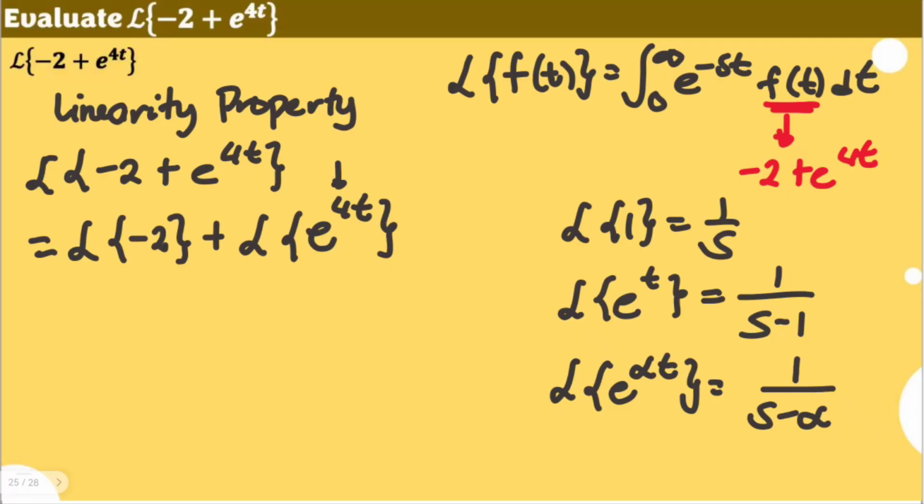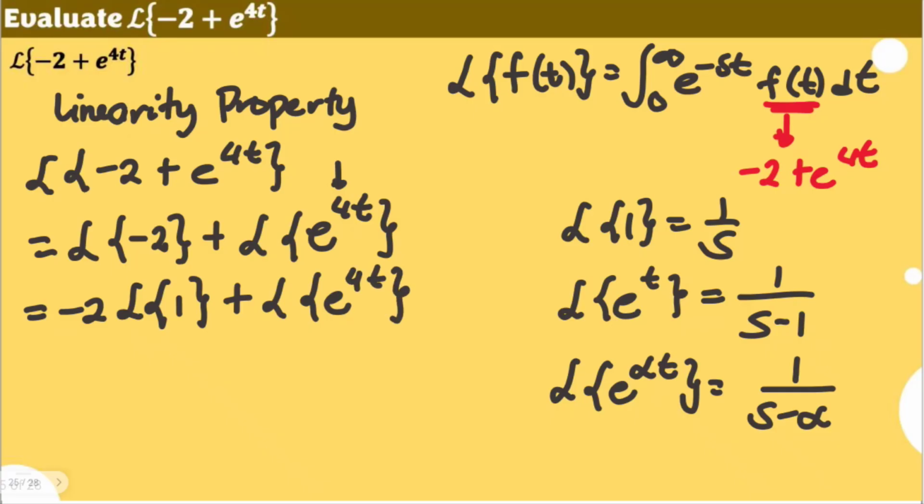So with this, according to the linearity property, we can factor out negative 2 times the Laplace transform of 1, plus the Laplace transform of e to the power of 4t. The Laplace transform of 1 is 1 over s, so the first term is negative 2 times 1 over s. Then for the Laplace transform of e to the power of 4t, our alpha is positive 4.